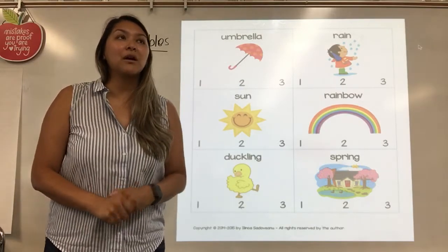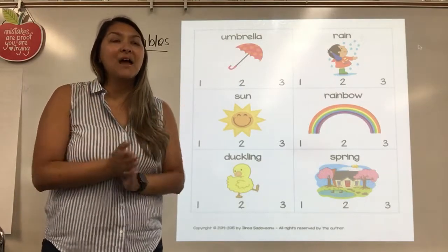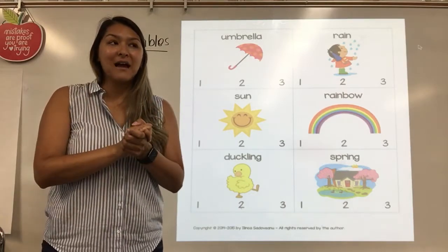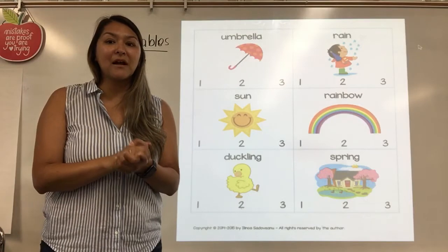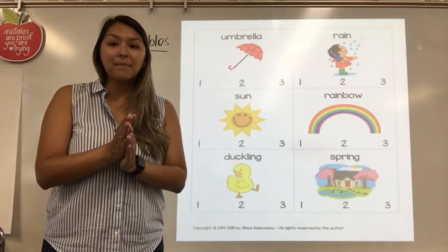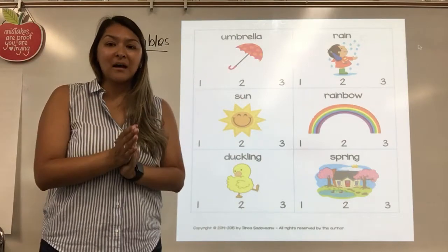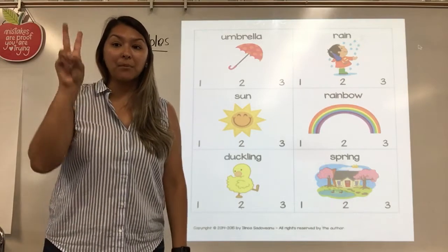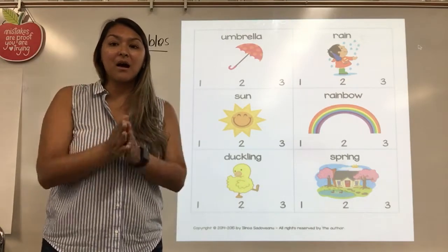Let's say the word umbrella. Say it with me. Umbrella. How many syllables do we hear? How many times are we breaking up the word? Umbrella. It sounds like 3 to me. Umbrella. One more time.